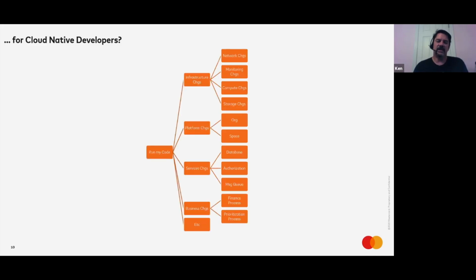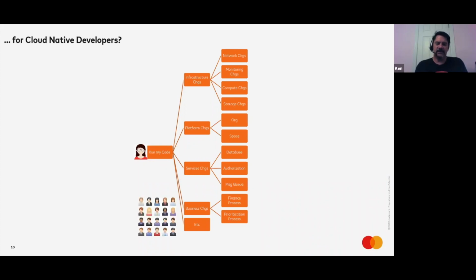Unfortunately, today in a large enterprise this is very complex, because while a developer wants to just think about how to run their code, they have these different change review boards that have to get involved around infrastructure changes, platform changes, the different dependent service changes that are needed, the business impacts and financial approvals, and other aspects along those lines, right?